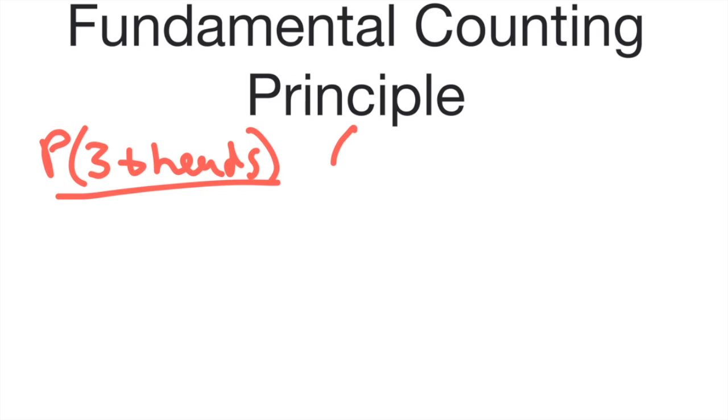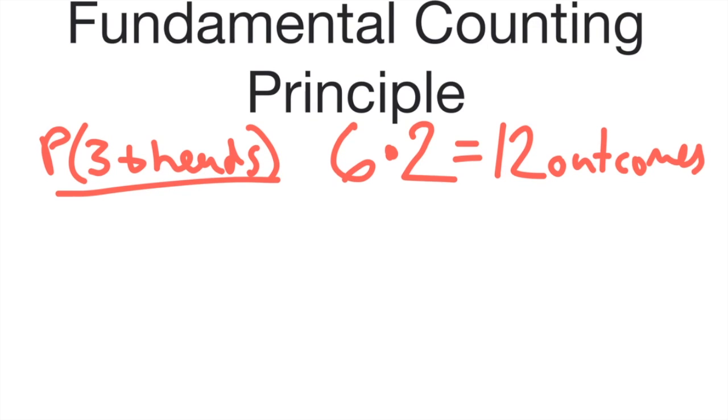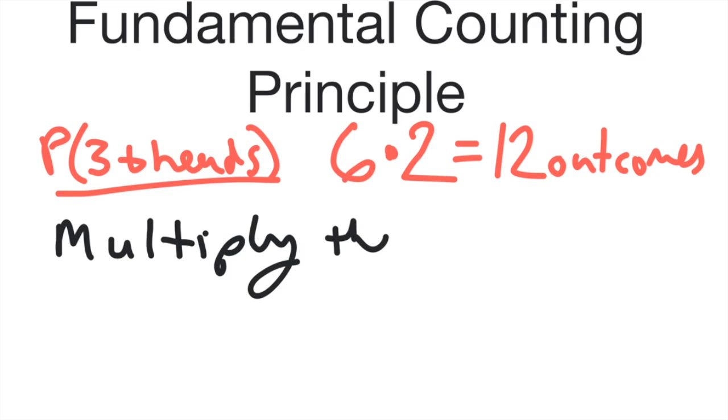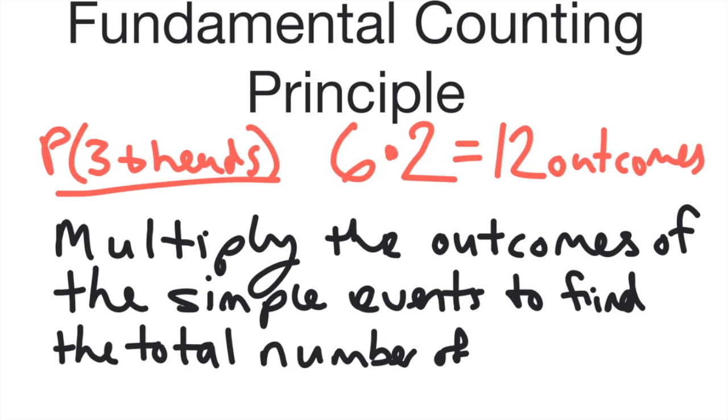If I roll a die, there's 6 outcomes. If I flip a coin, there are 2 outcomes. If I multiply these two numbers, that tells me that there's a total of 12 outcomes. So to use the fundamental counting principle, multiply the outcomes from the simple events to find the total number of outcomes.